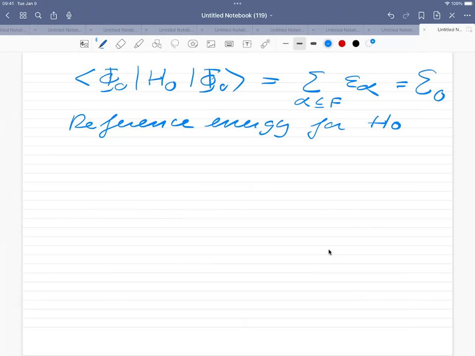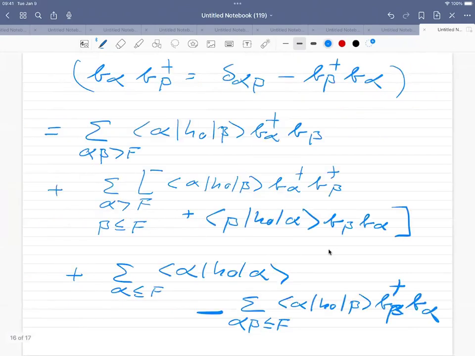Okay, so you see now that we have an expression for the operator which now contains a constant, but everything else is normal ordered. So if we go back, we see now that this term is normal ordered. This is obviously normal ordered. Same with that one. And then we have the same for that specific term.